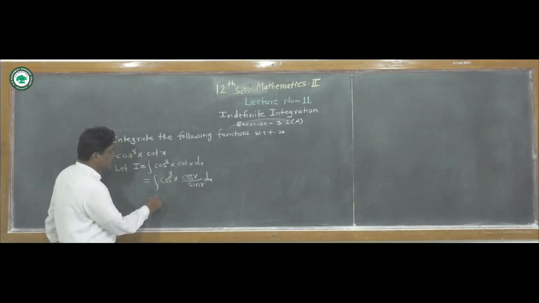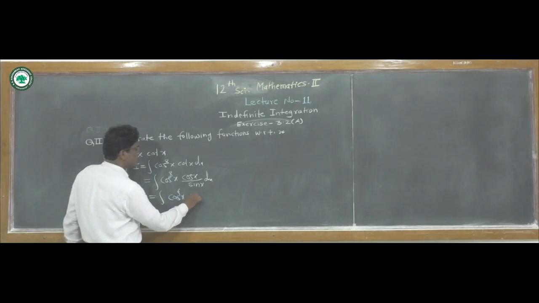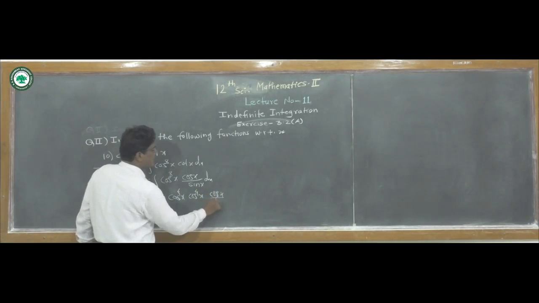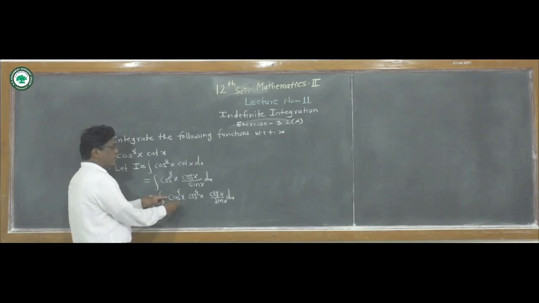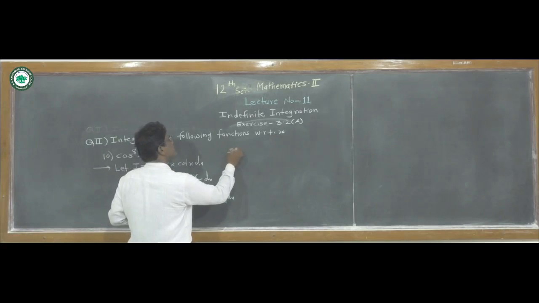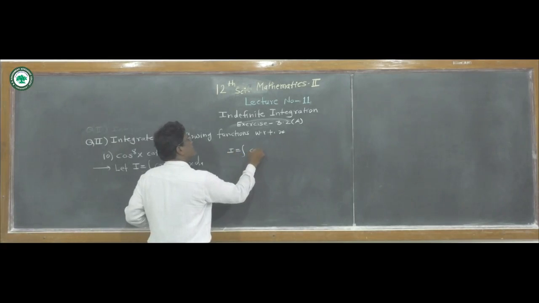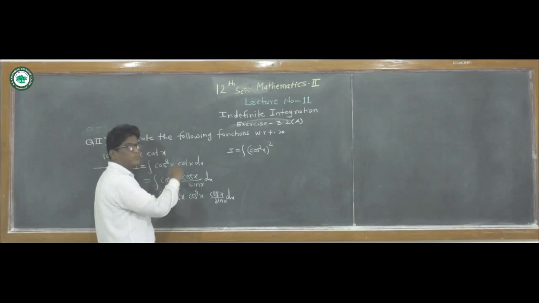So we write here this is equal to integration of cos^4 x into cos^4 x and cos x upon sin x dx. And now this cos^4 x we write as cos square x to the power 2, this 4 as 2 into 2.